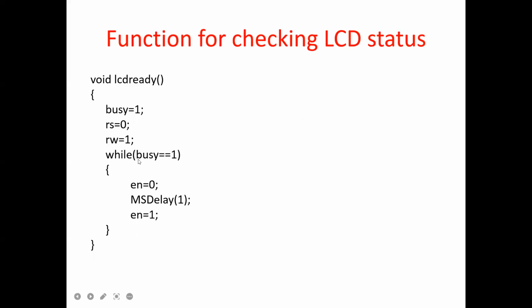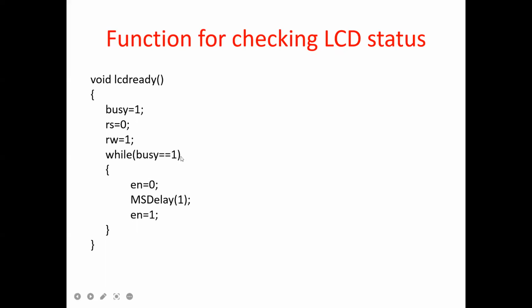So if your LCD is busy, even if data is placed on the data pins, it will not be latched to the internal registers. Again enabling and again checking. This loop will be repeated while busy equal to 1.